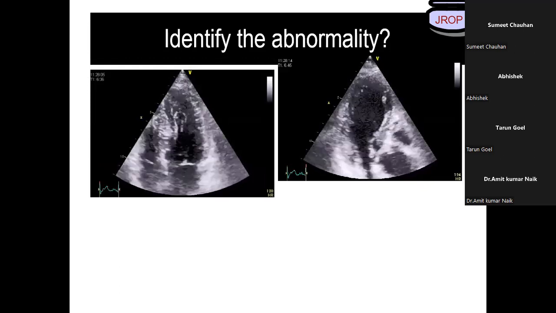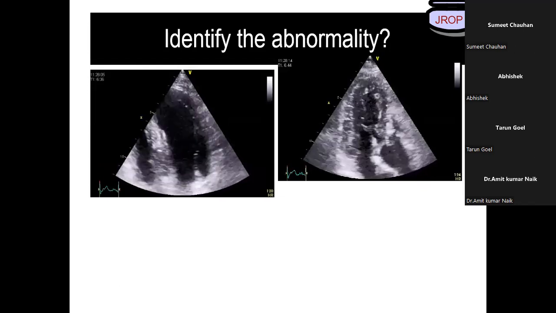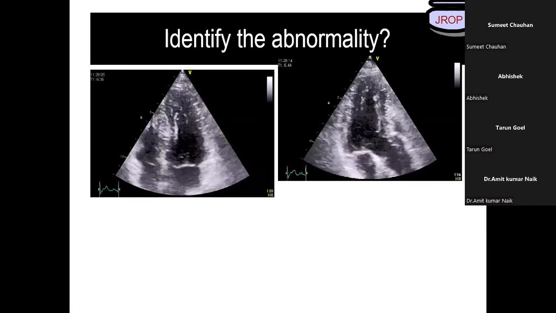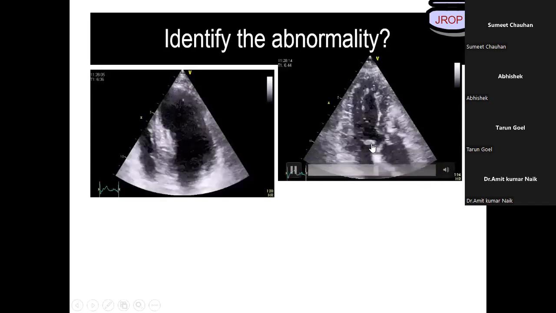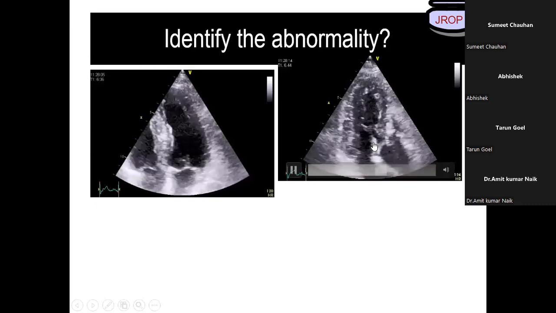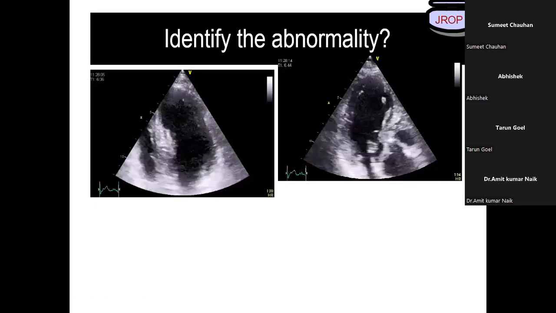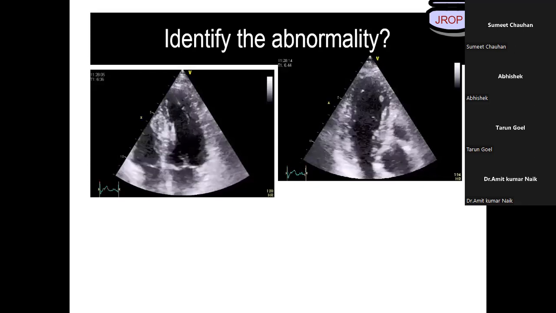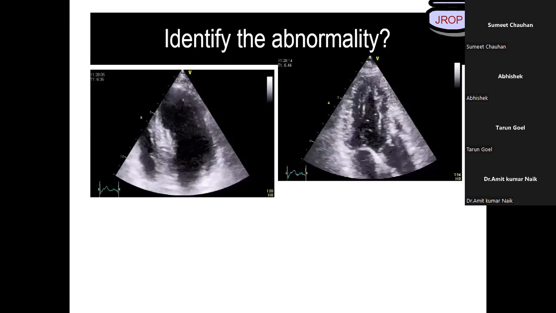Sir, in this the mitral valve is crossing. This is known as chordal SAM.